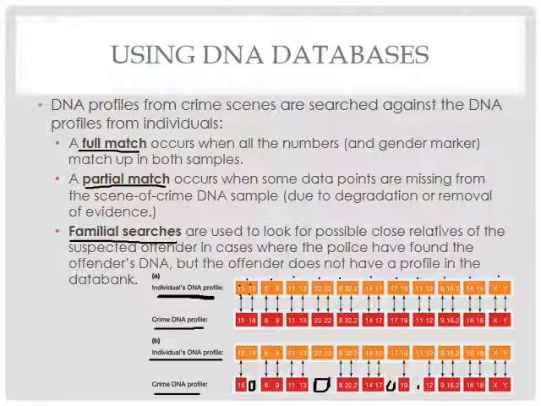So sometimes where police have found an offender's DNA but that offender is not actually in the data bank, so they know the sequence of the DNA but they can't get a name for it, they might do a search to see if that offender has any close matches that indicate a family member or a close relative that they do have in the data bank, and then obviously they can go and start their search with that relative to try and get closer to this person that is responsible for the DNA that they've found.